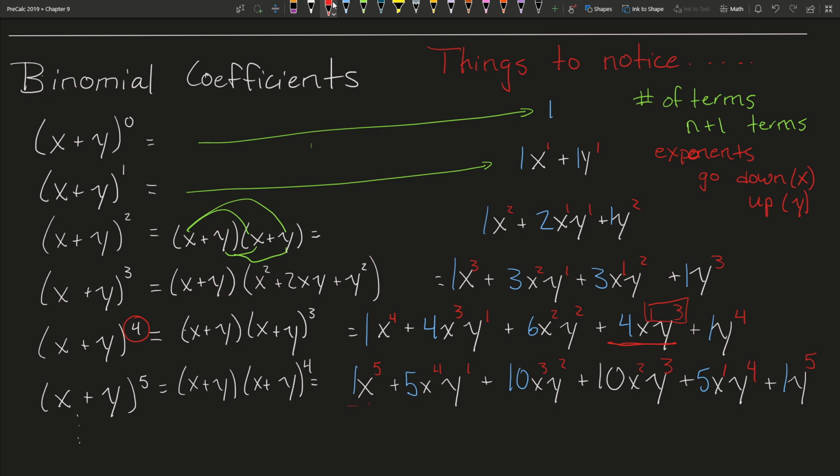And that's true for any term going along. So 2 plus 2, that's going to be 4. 3 plus 1, that's going to be 4. If we jump down a line, x to the fourth, y to the first, 4 plus 1 is 5. Move right, 3 plus 2 is 5. The sum of each of those powers is always going to be the power on the left.